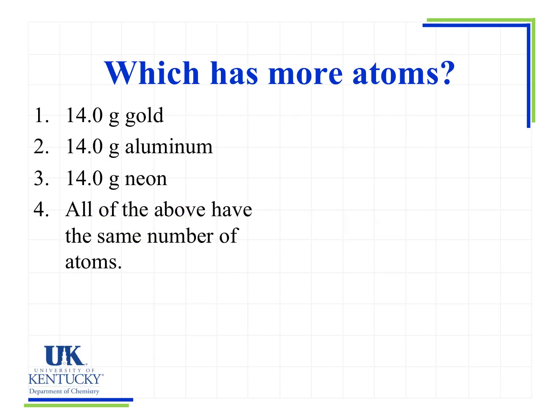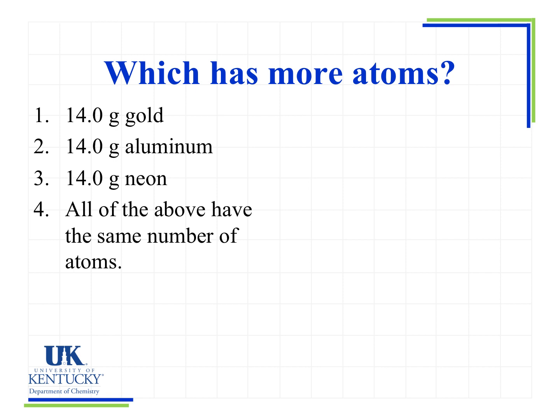Okay, so now think about the definition of molar mass, and think about my example of baseball and soccer ball or basketball. Mole is a number and mass is different. Molar mass is the mass of 1 mole. So answer this question: which one of these has more atoms?